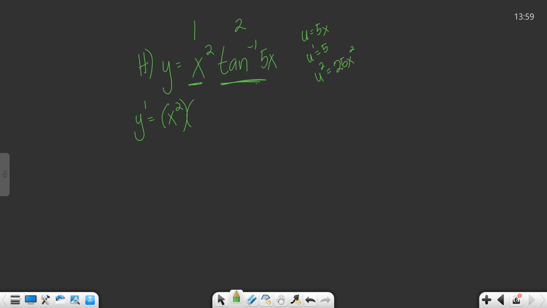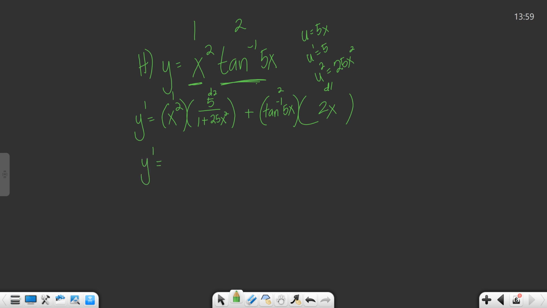The derivative of the arctan formula, remember, is u prime over 1 plus u squared. So there's 1 d2, plus now I need 2 d1, so 2 is arctan 5x, and d1 is just the derivative of x squared. There's not a ton of simplification on this one.